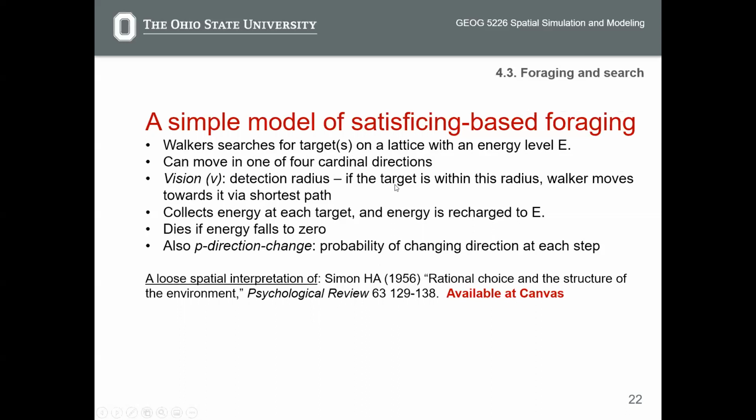If the target or the food or the resource is within this radius, the walker moves towards it via the shortest path, which means that after each step, if this walker finds a target within its vision, it will go directly to that specific cell to get the resource, to get the target.